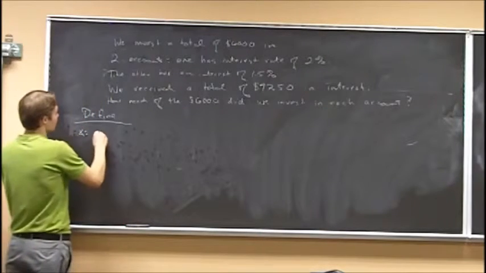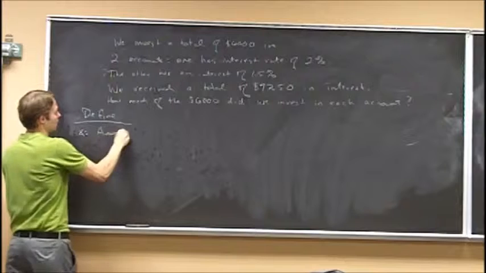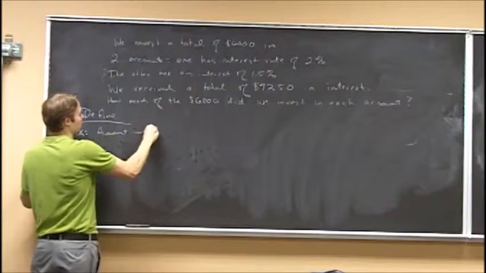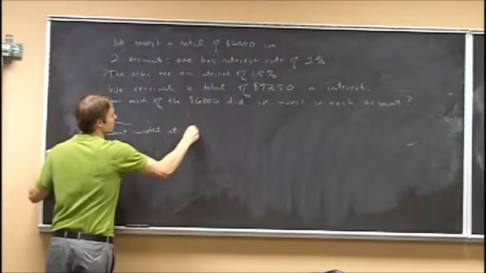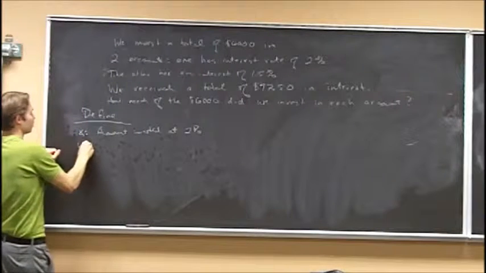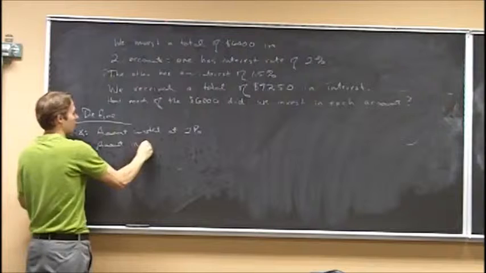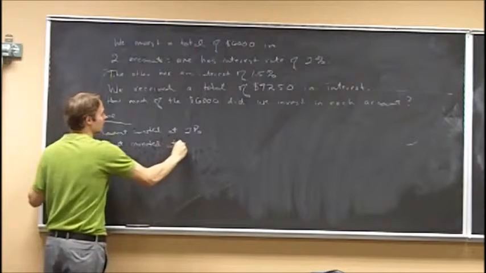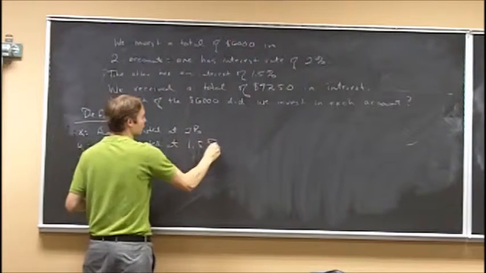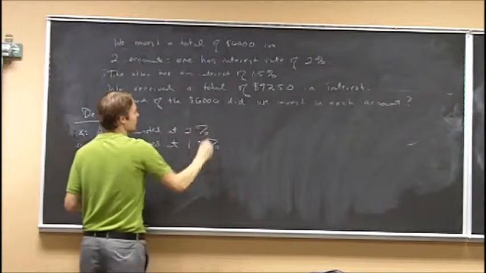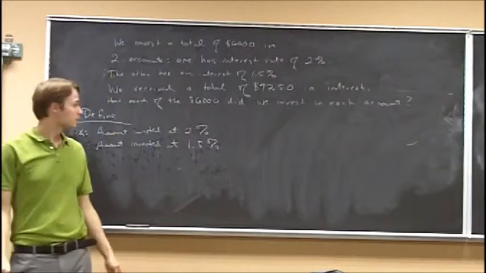My first variable will be the amount invested at 2%. And then my second variable, y, will just be the amount invested at 1.5%. Okay? And so then we have our variables.